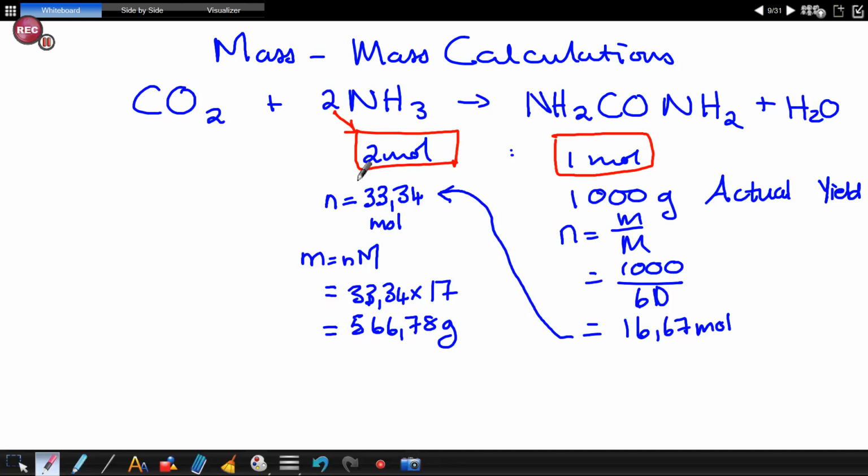How much ammonia will we need? So we have calculated the ammonia that will give the 1,000 grams. That is a theoretical need. But we could have had more in the mixture that didn't react. But we'll get to that in a later example.